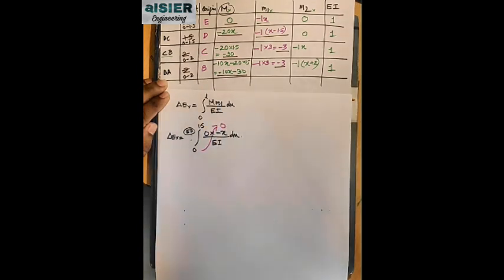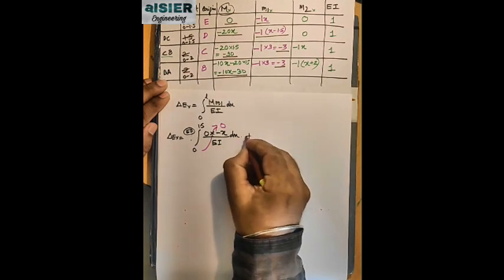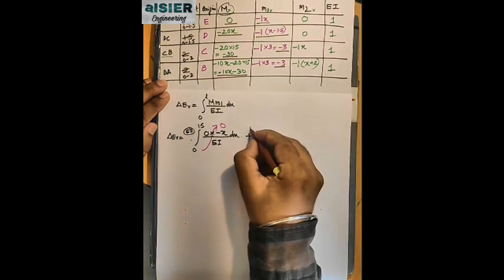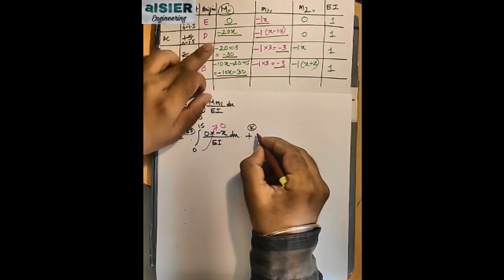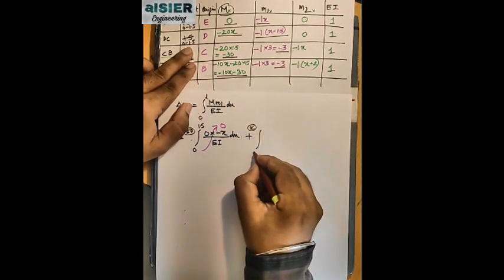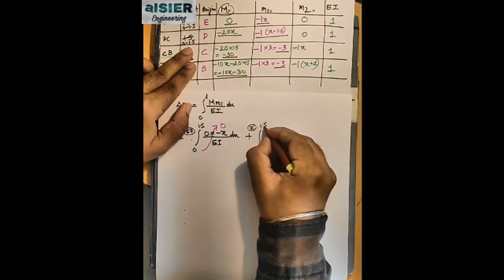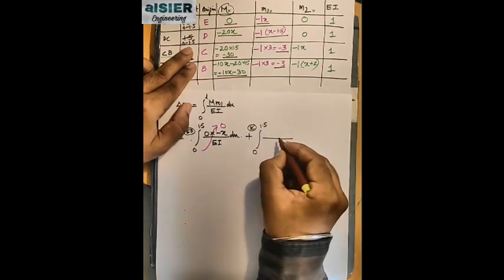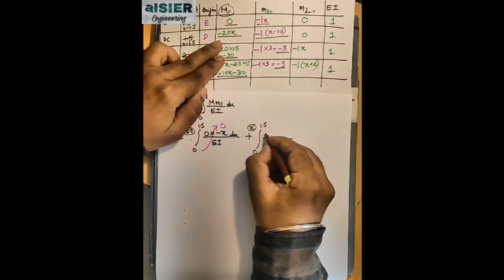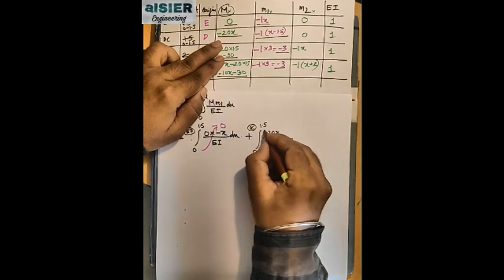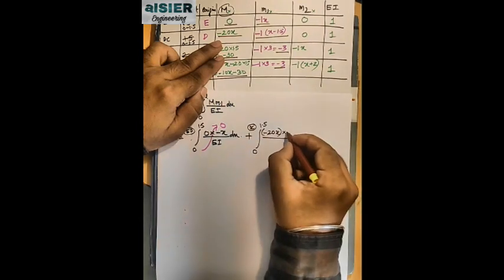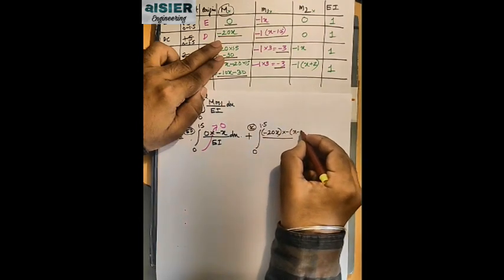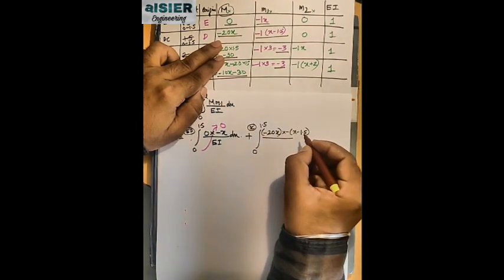Next, plus, the next region is DC. So the limits are 0 to 1.5. So I will write down here 0 to 1.5. Now what is the value of M here? It is minus 20x, multiplied by the value of M1 here, which is minus x minus 1.5.